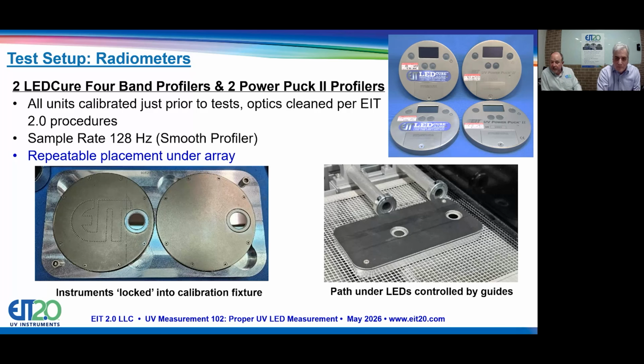Not only do we have a fixture here where the optics are perfectly lined up, they're locked into that fixture. We also made sure, with the bars that you see on the lower right, that the whole fixture was put under the LED in the exact same place each time. These are some of the steps that we take when we calibrate instruments, so it becomes very important for us to get a repeatable reading.